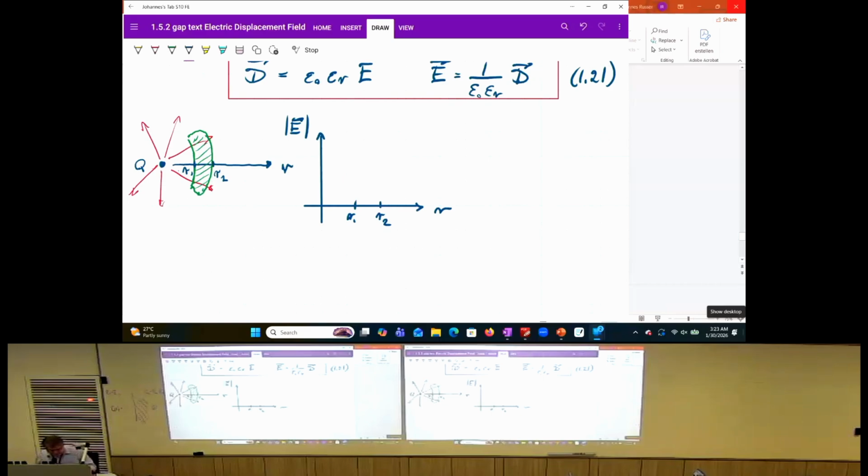So you have decay of the electric field as you move away from the origin, and it is proportional to 1 over r squared. But that is what Coulomb's law is giving you if you're in a homogeneous medium, or for that purpose, let's say, if you are in vacuum.